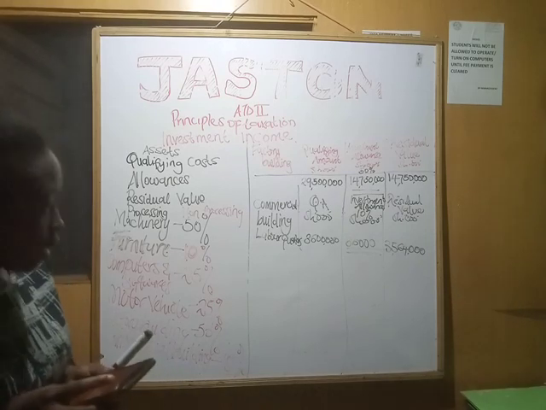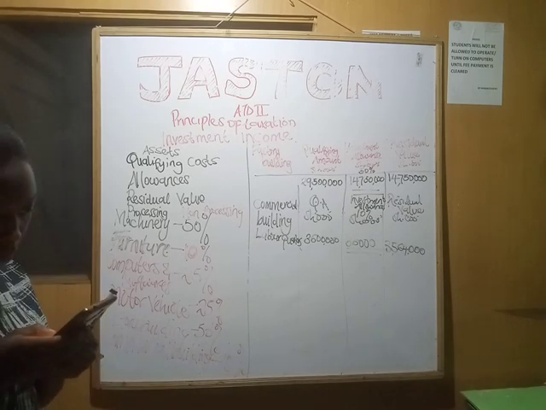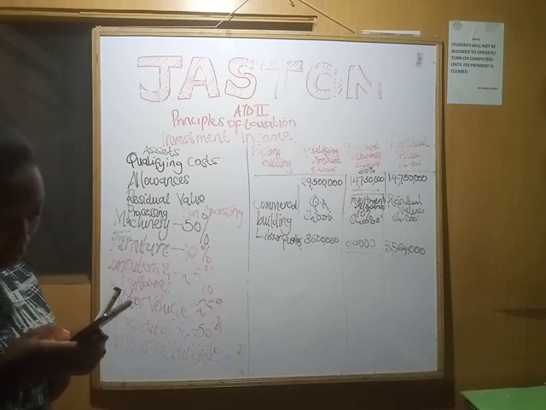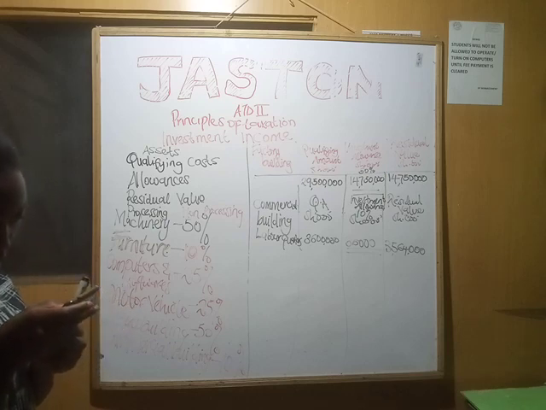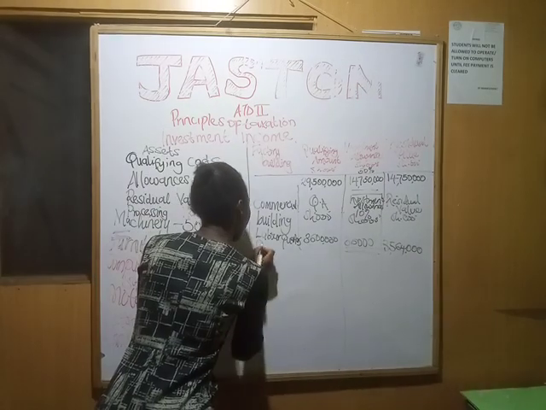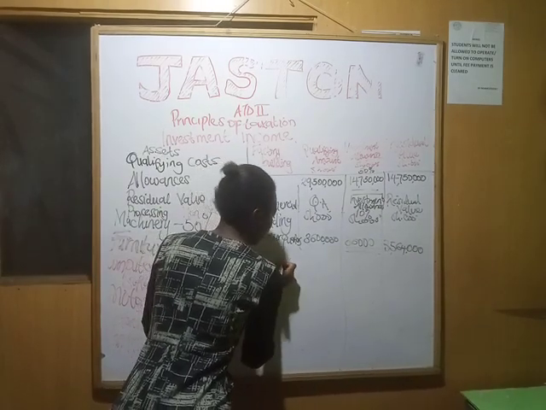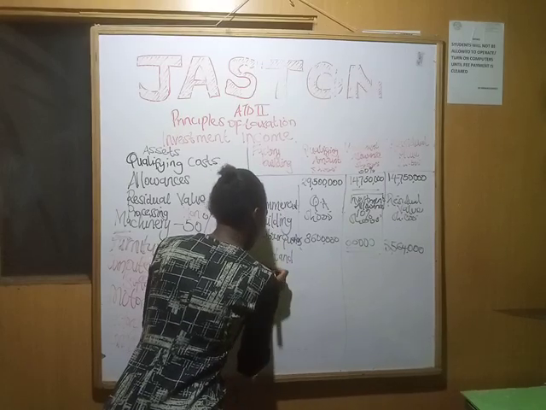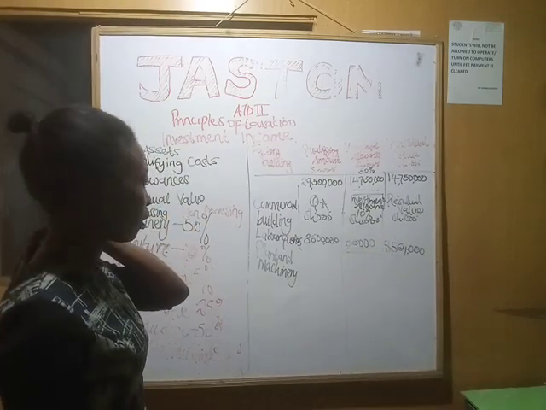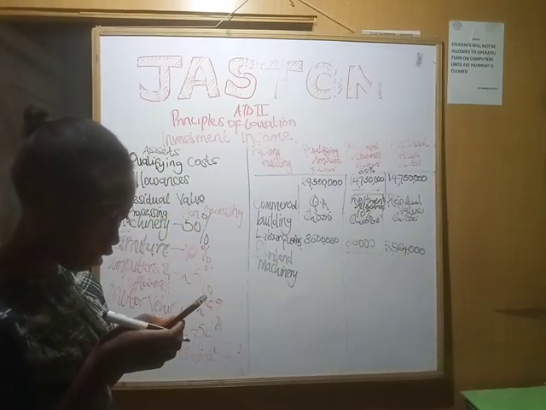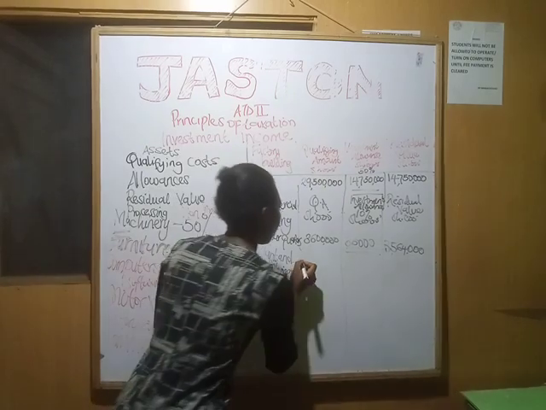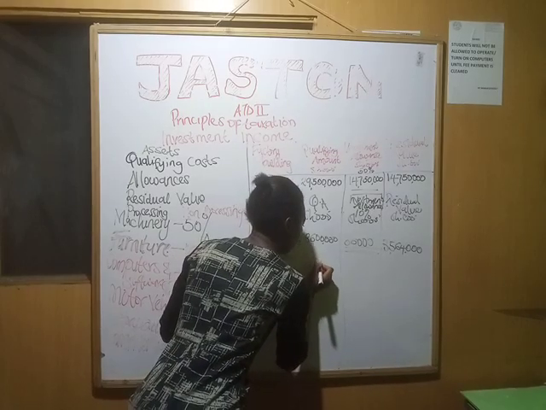We have the machinery. We start with the processing machinery, plant and machinery. The qualifying amount is 12,800,000.